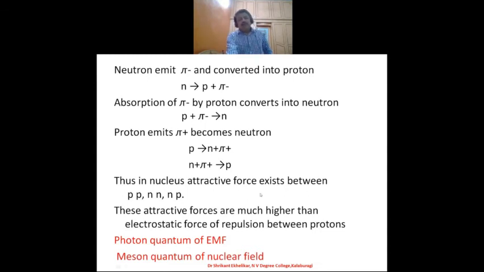Thus, the nuclear force is attractive, whether it is between two protons, between two neutrons, or between a neutron and a proton. It is always attractive, and this force is greater than the electrostatic force.